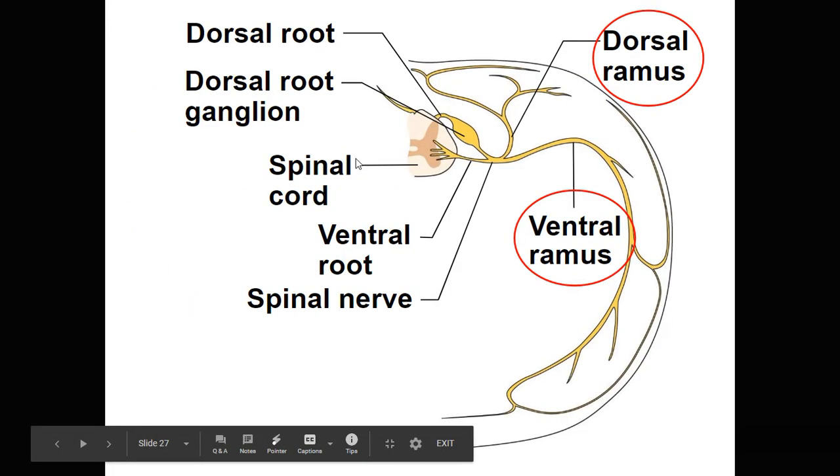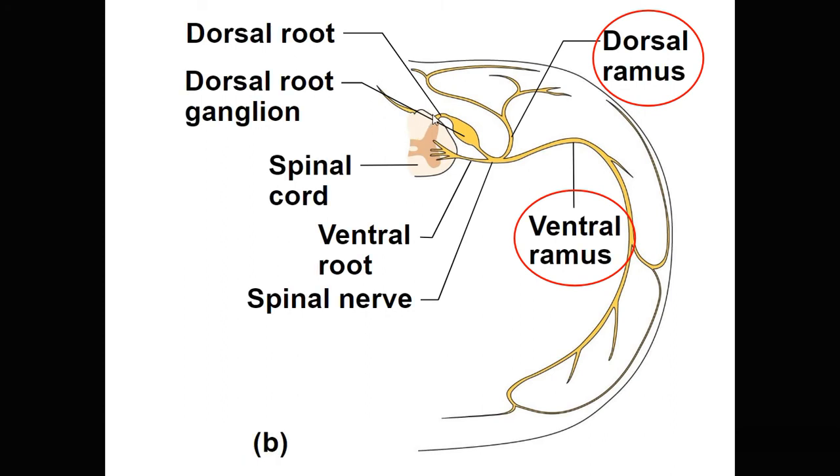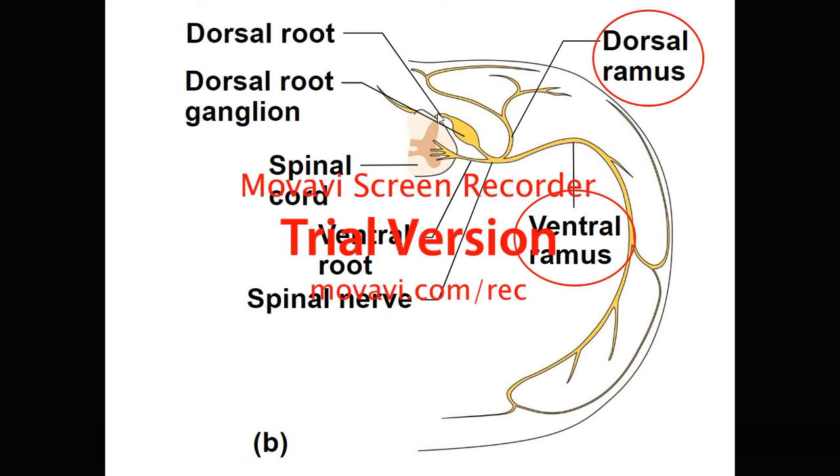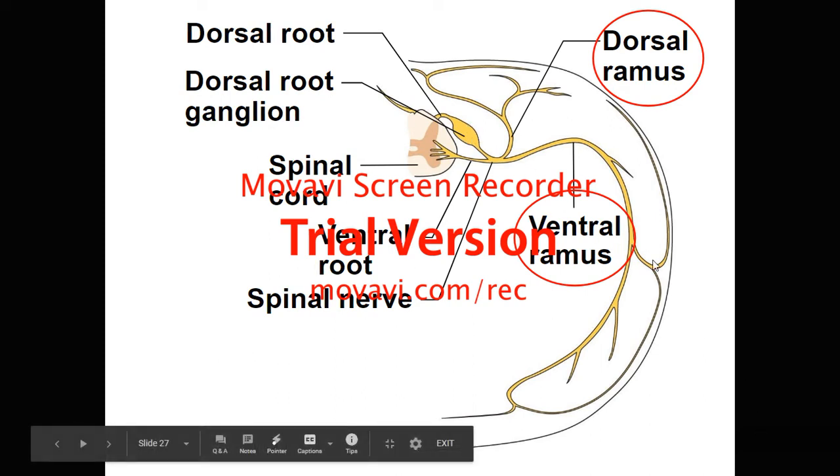So you see, this is the spinal cord, and this is the spinal nerve coming off of the spinal cord, and you see the dorsal root ganglion right there.